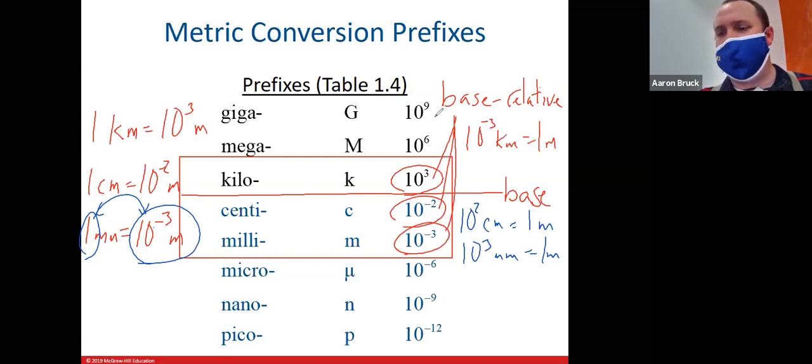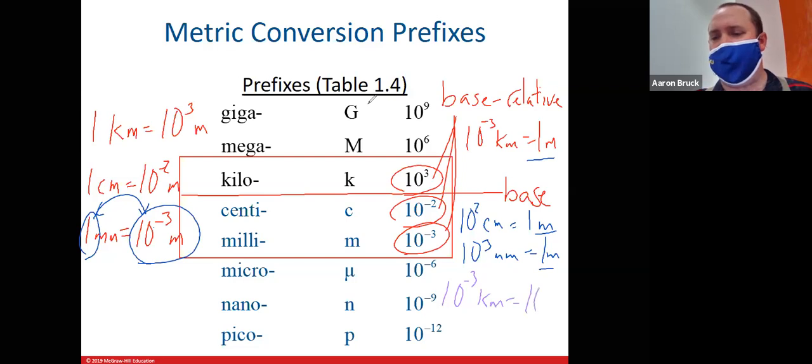Well, because if I had to do any kind of conversions within this system, since they're all equal to the same amount here, I can make them equal to each other. So 10 to the negative third kilometers is equal to 10 to the second centimeters. It's that good old transitive property of mathematics.